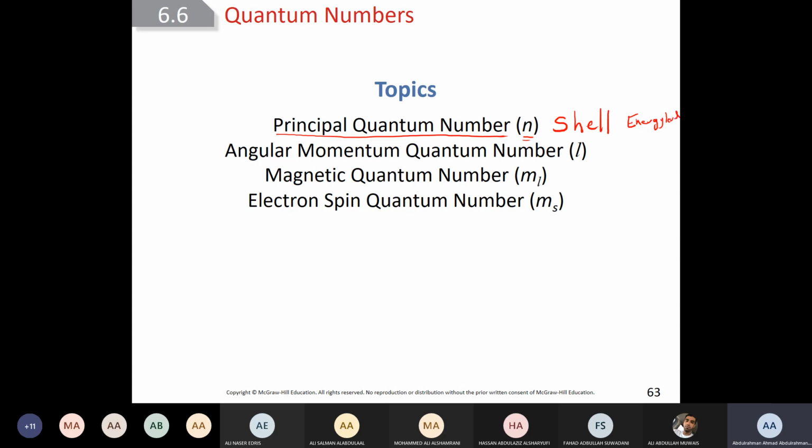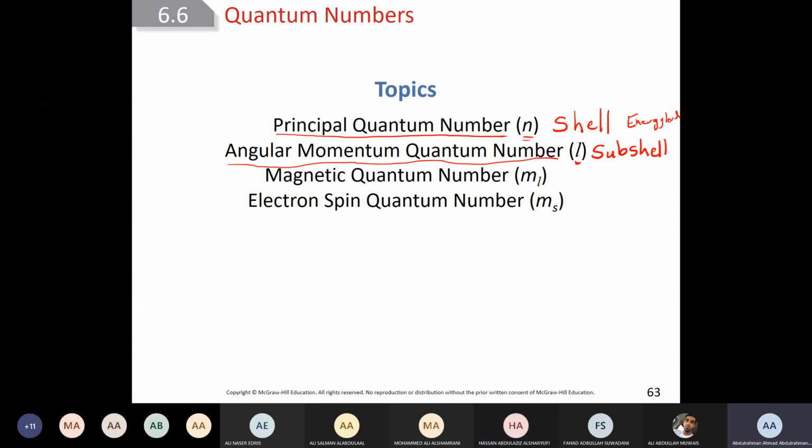Now, the second one, what's the name of the other one? Angular momentum quantum number. What's the letter that we use for it? L. What's the other name for it? You have to memorize the other name as well. Subshell.